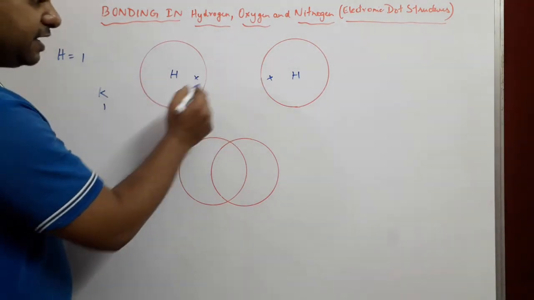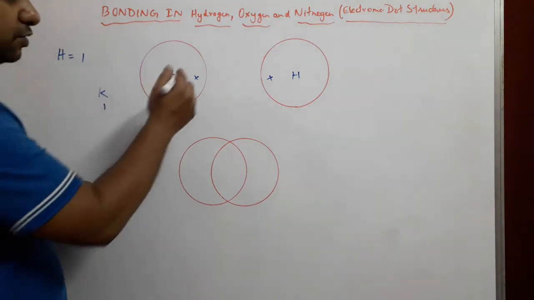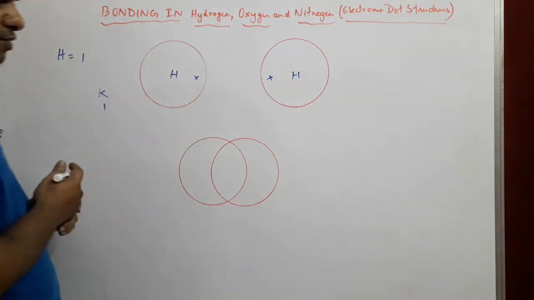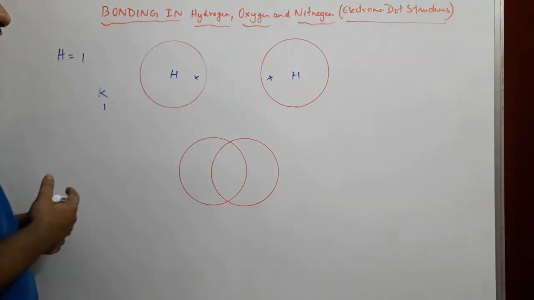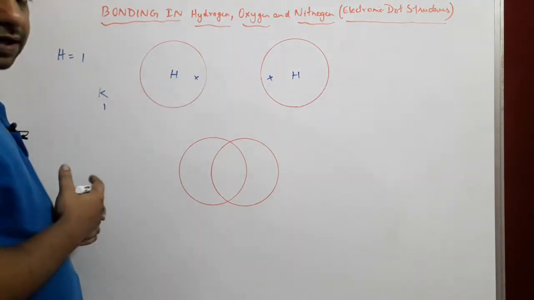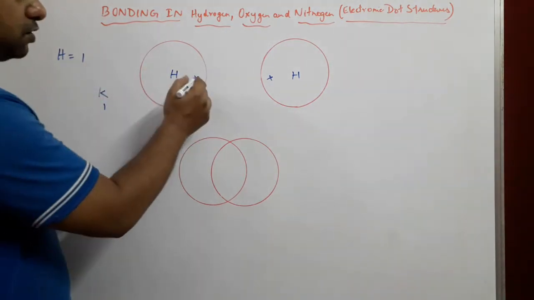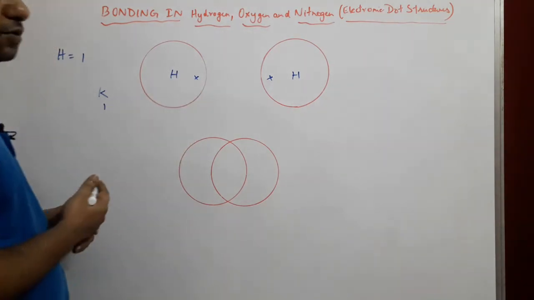It can't gain another electron because the space is so small that, though there is a space for another electron, it is just not feasible for that electron to come in. It will actually disintegrate. So the only thing possible with a hydrogen atom is to share the one electron to gain stability.